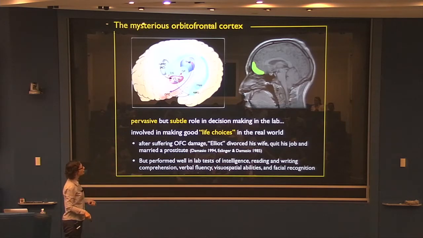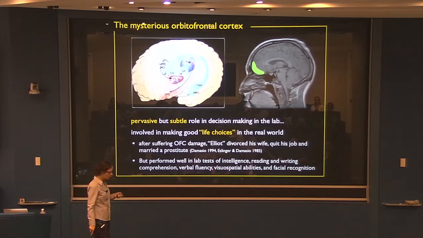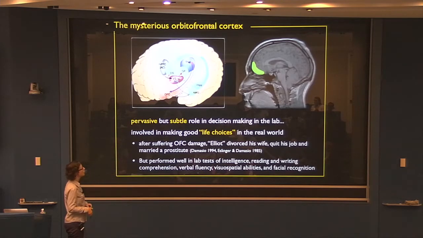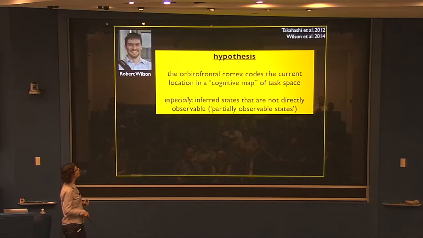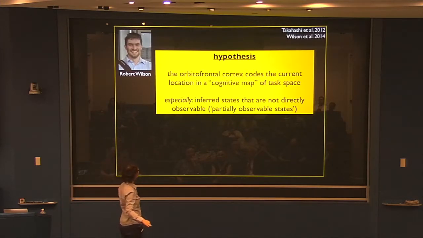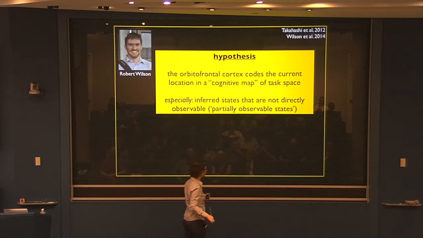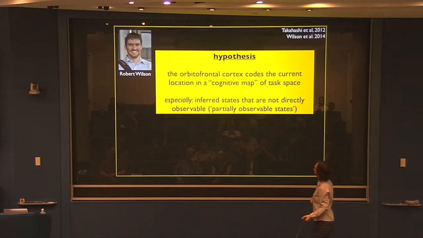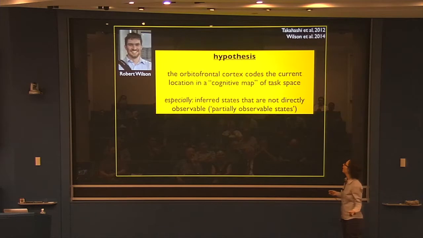So based on a lot of previous data from animal studies looking at the effects of lesions of the orbitofrontal cortex and recordings from that area, et cetera, that I won't go into right now, we came up with the hypothesis, or I should say Robert Wilson, who was a postdoc in my lab and now has a lab at University of Arizona, came up with the hypothesis that the orbitofrontal cortex is the seat of these states, of this cognitive map of the task.